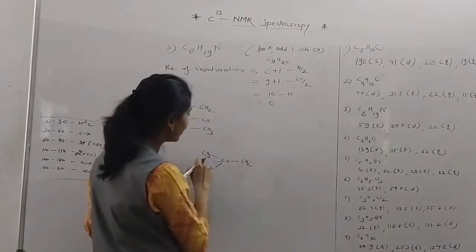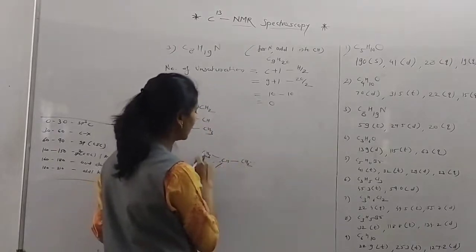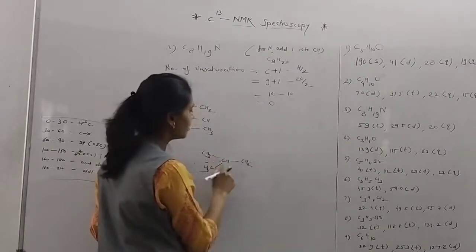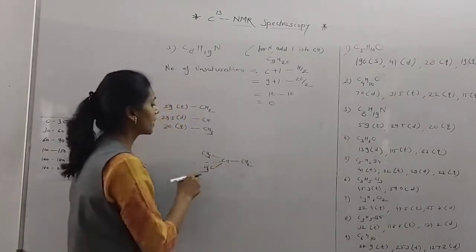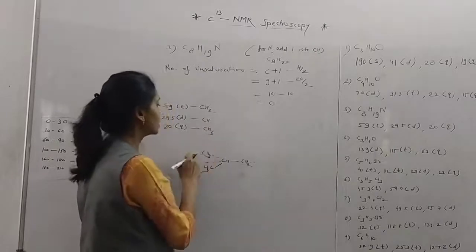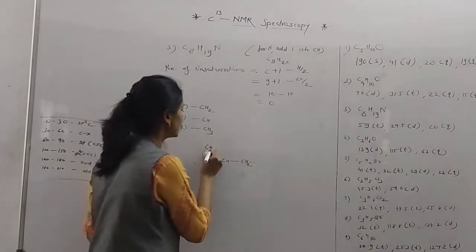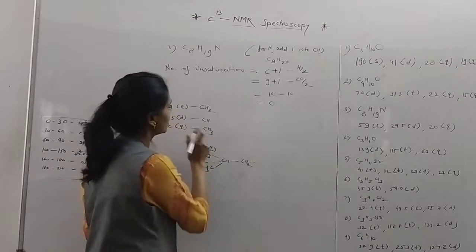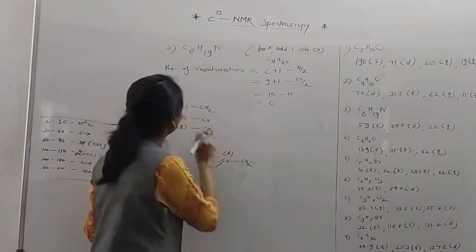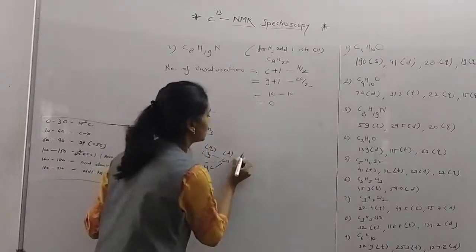Now we get 3 different carbon atoms in different environments, which show the 3 signals. This CH3 gives the quartet, this CH gives the doublet, and this CH2 gives the triplet.